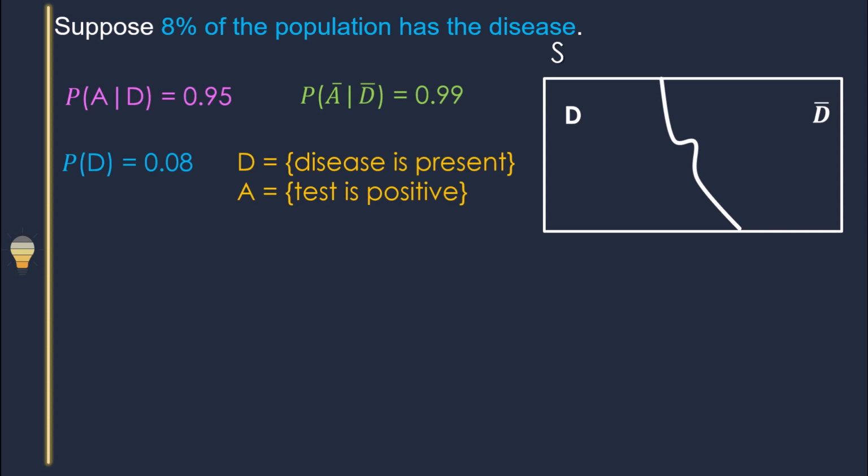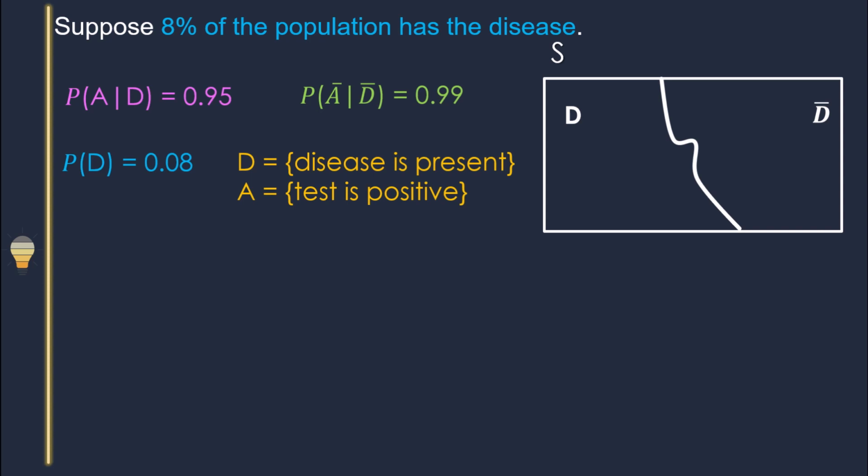How about now A? Test is positive. Consider the group D. In the group D, there are some people whose test is positive. That is A, right? And similarly, in the group D complement, there are some people whose test is positive.